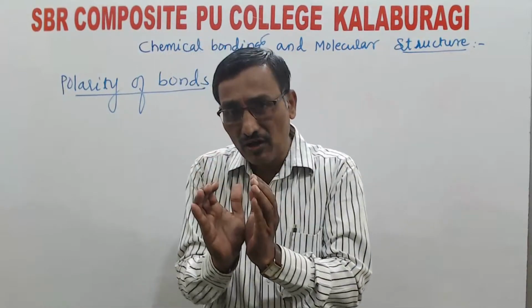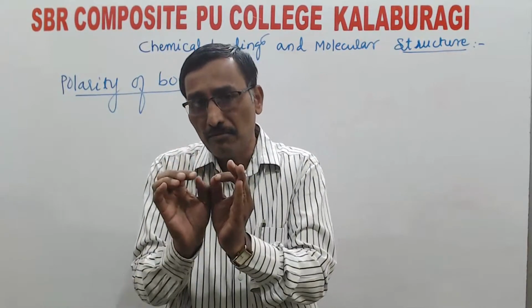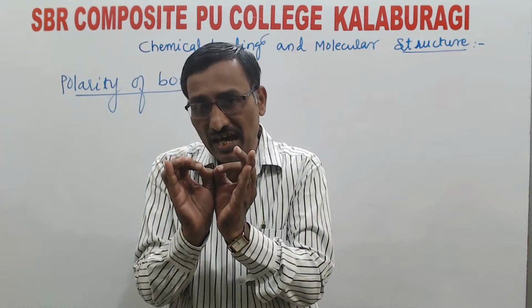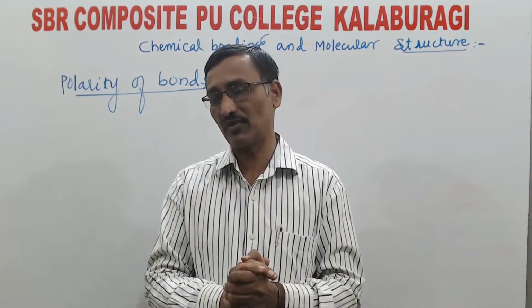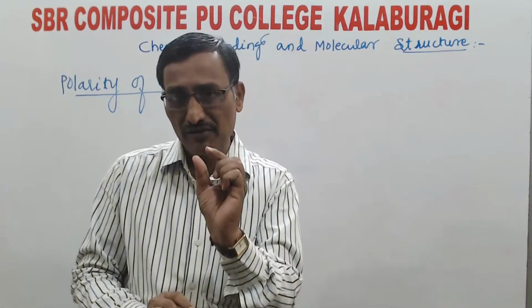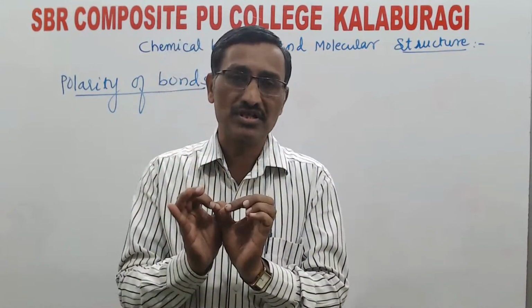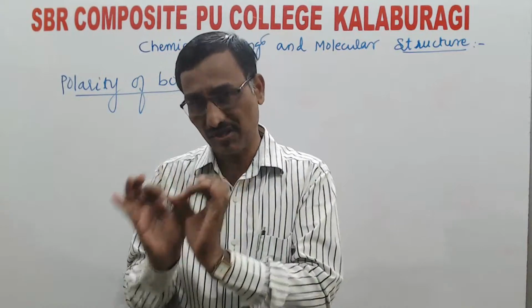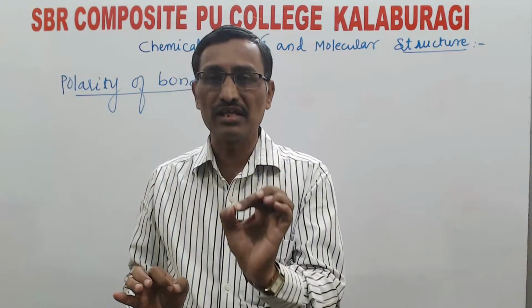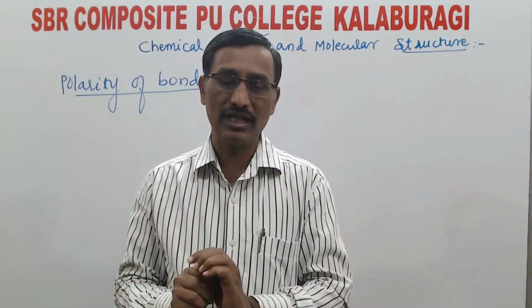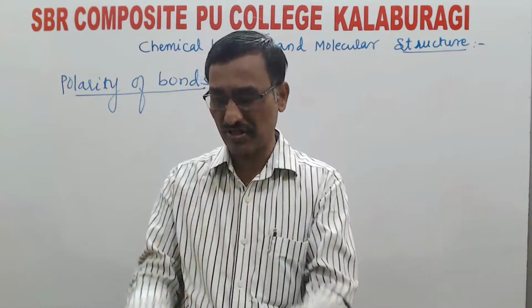Even in a covalent bond, some percentage of ionic character will be there. It is very difficult to get 100% covalent or ionic character in a heteroatomic molecule. That is known as an ideal situation.